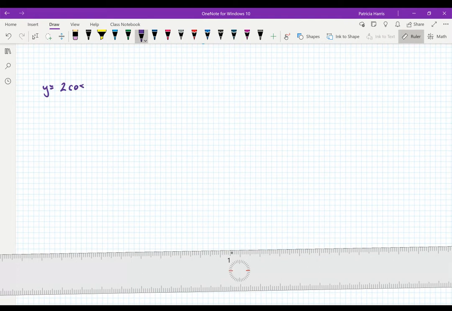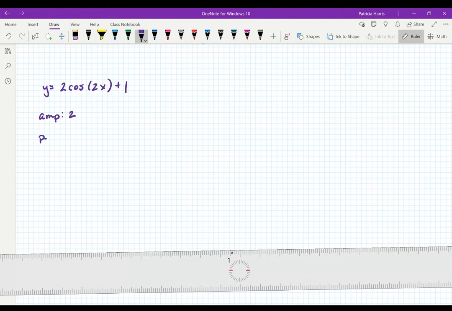2 cosine 2x plus 1. So this one has a period change. All right, and an amplitude change. So just by looking at this, I know that my amplitude is 2.